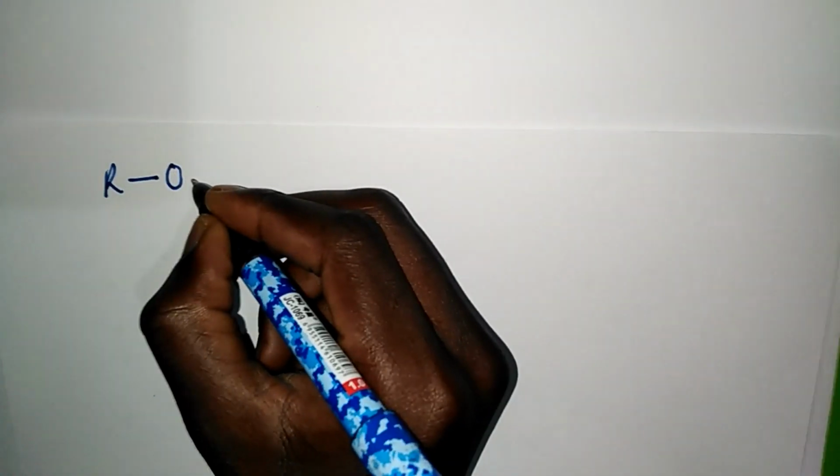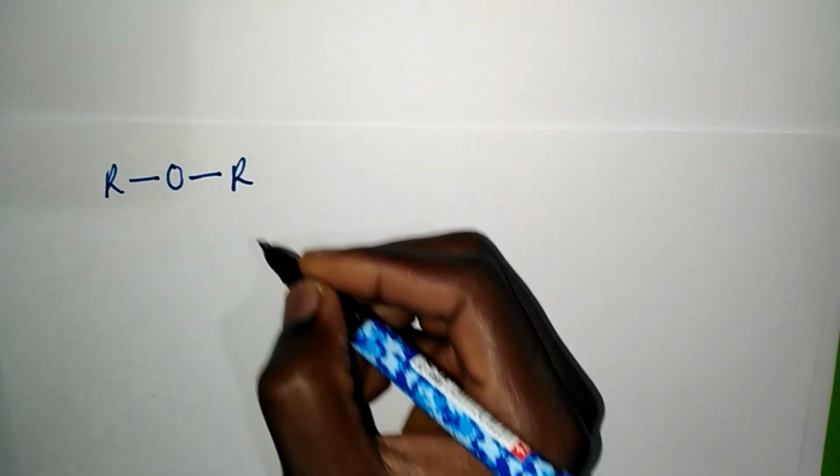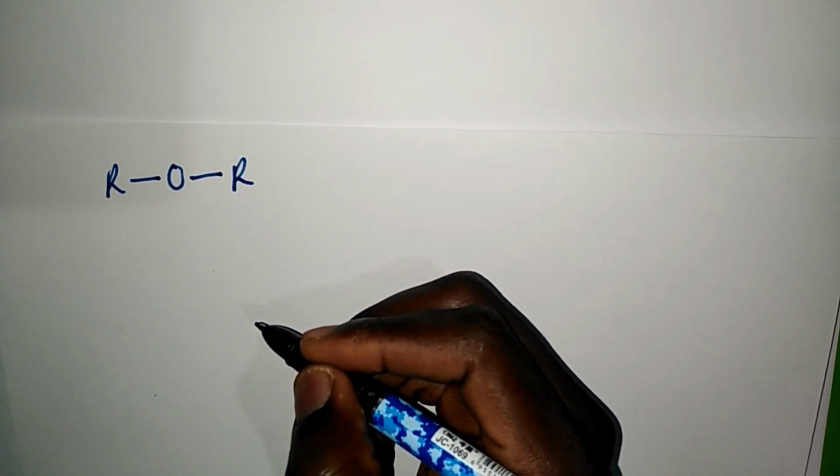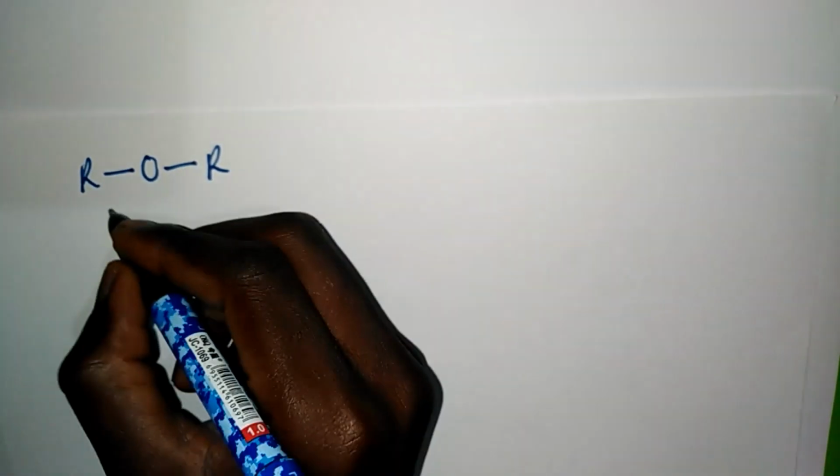We have a functional group with a generic formula of R-O-R. Whenever you have a functional group where oxygen is attached to 2 R groups, this is referred to as an ether.